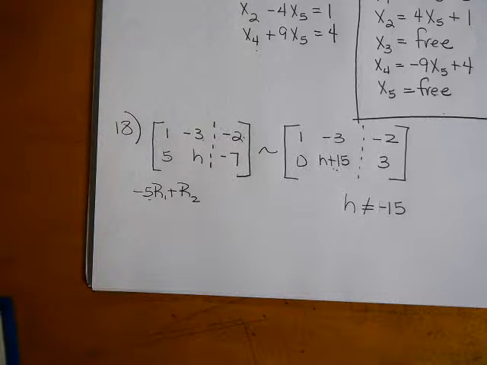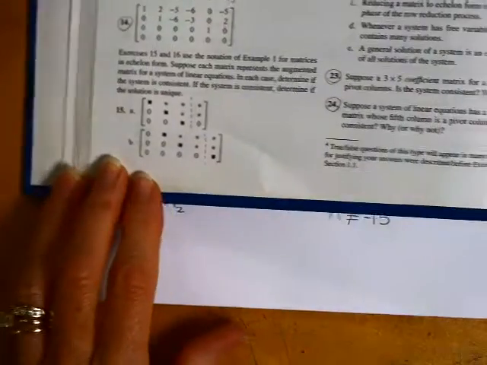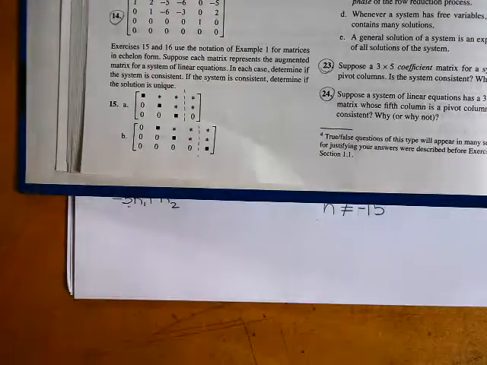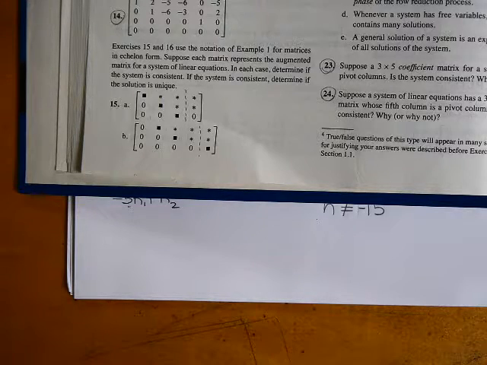Okay. Questions about what we've talked about so far? All right, let me ask you just some of these thinking questions. Look at number 15. It's an augmented matrix. I drew the little augmented lines on there so I could keep myself straight. Suppose each matrix represents the augmented matrix for a system.